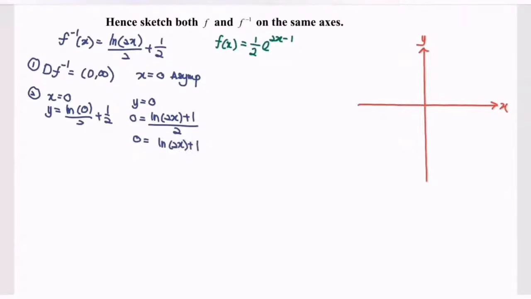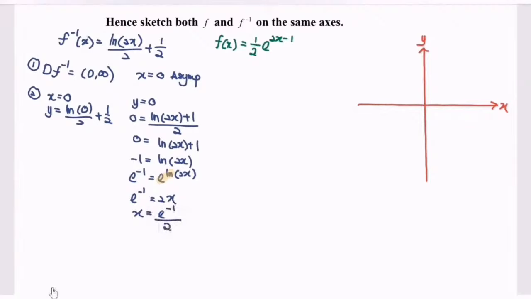Next, what we have to do is rearrange the situation, where we will have negative 1 equals ln bracket 2x, then exponent both sides, and we will have exponent negative 1 equals exponent ln bracket 2x. So as we can see, we have the situation exponent ln. So we have to simplify the situation, and it will become exponent negative 1 equals 2x. So finally, the value of x will be equal to exponent negative 1 over 2.